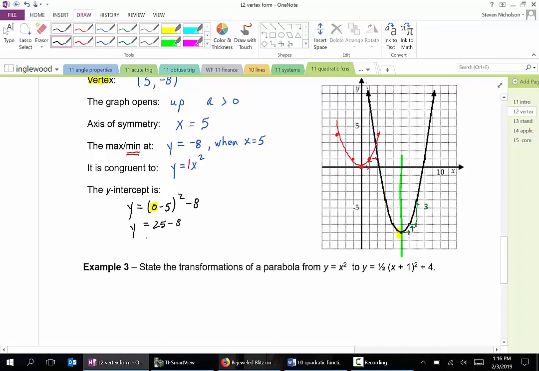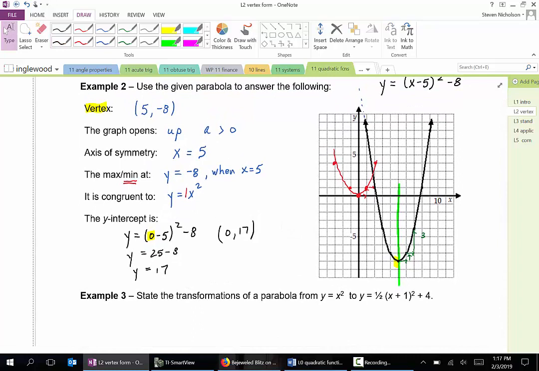What I get is y is equal to 17, which is not the y-intercept. The y-intercept is a coordinate. Again, if we look at our picture, we know that the y-intercept is above 8, because there's our last point we know, so this answer makes sense.